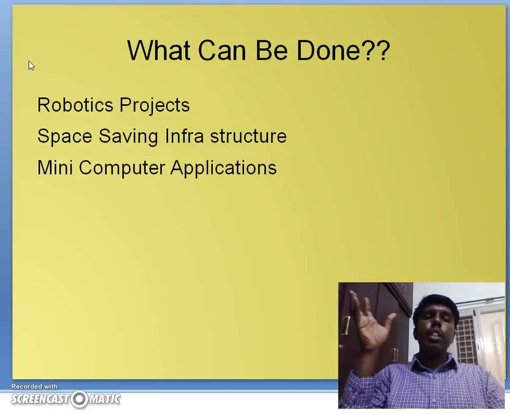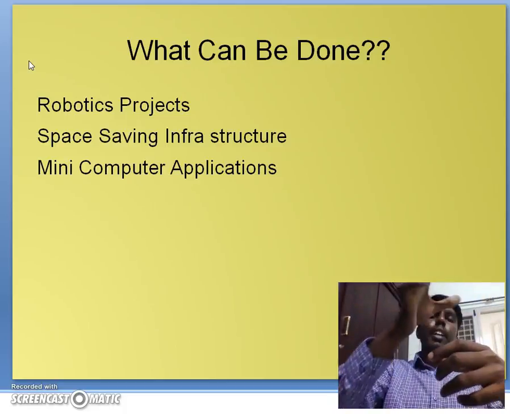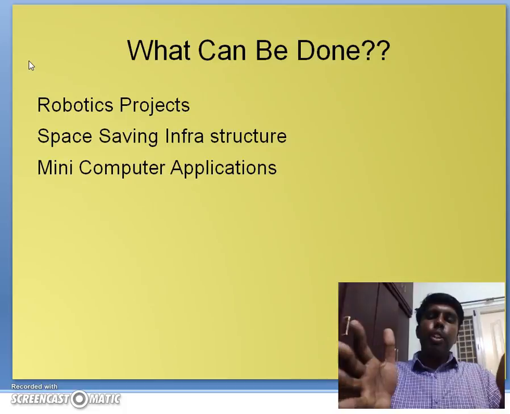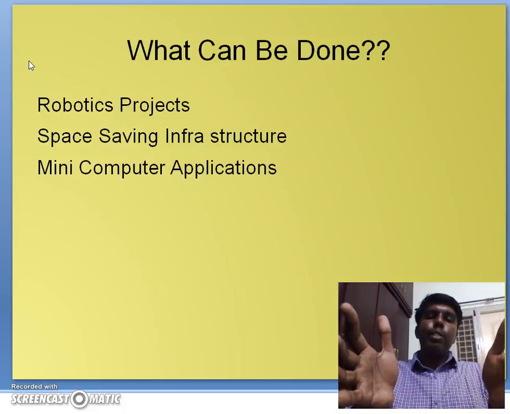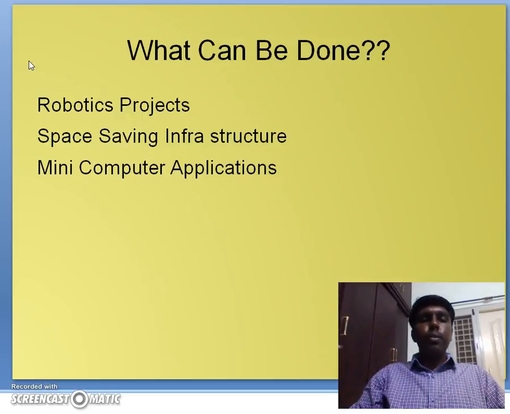It is a small miniature kind of thing, so you can stack 4 or 5 computers together bound like this. So it is used for some kind of mini computer applications also. As I mentioned earlier, it is used for some mini supercomputer. Why can't you use it for smaller applications, or even go bigger than that?